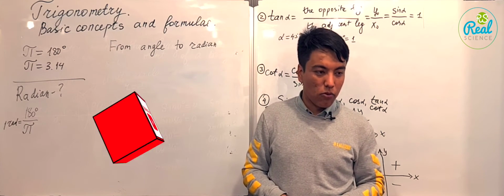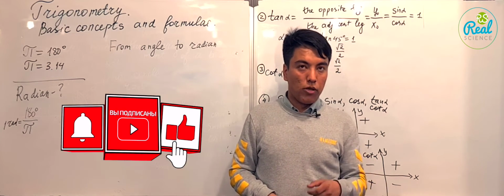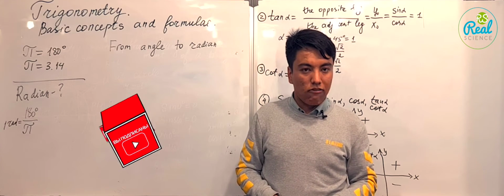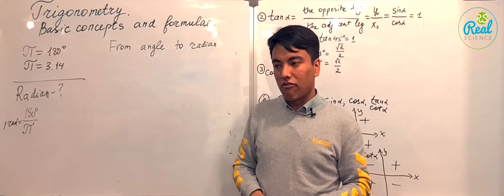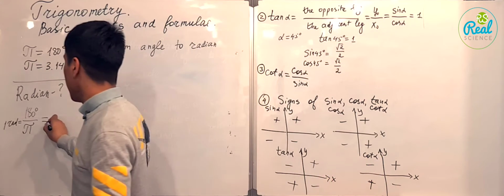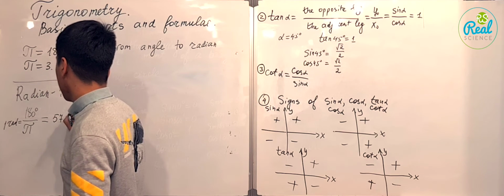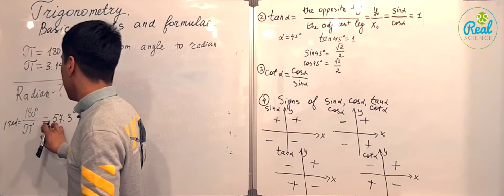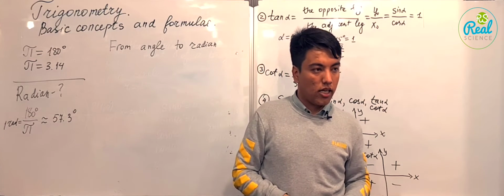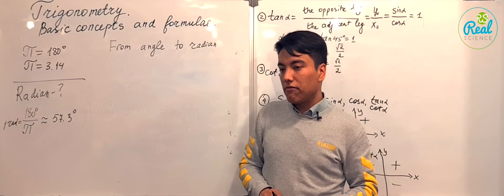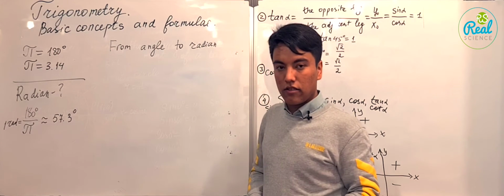Pi here is 3.14, and when we calculate, the answer will be 57.1 or 57.3. So 1 radian is 57.3 degrees. It's not exact, it's almost 57.3 degrees. So this is 1 radian.